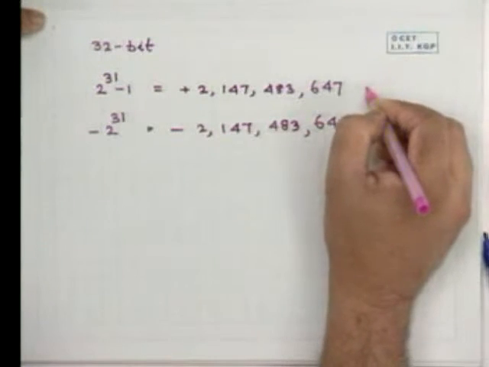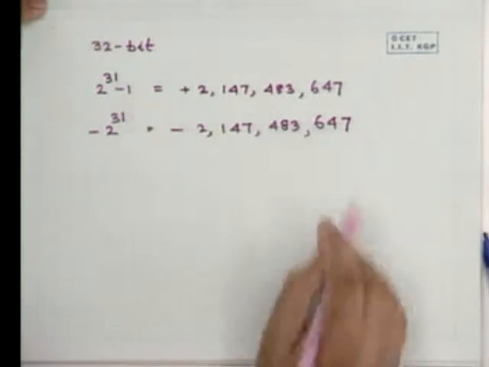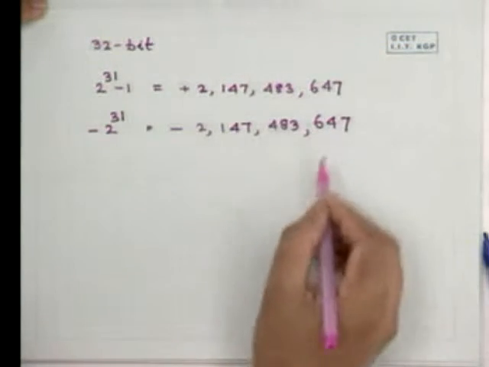Therefore, this is the highest number and this is the lowest number that I can represent in an integer with a unique 0.